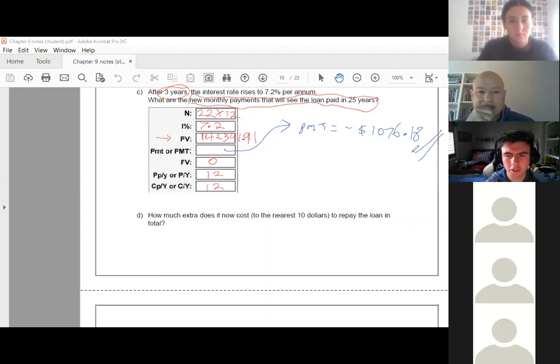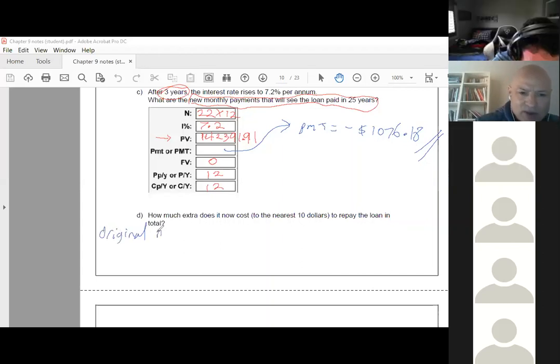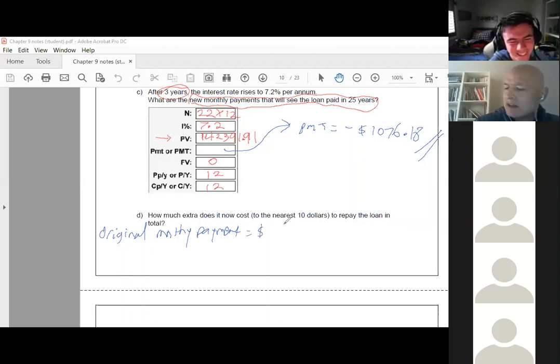Part D says, how much extra does it now cost, to the nearest $10, to pay the loan in total? Well, let's work out the difference. Originally my monthly payment was $1,041.11, and now I'm paying $1,076.18.